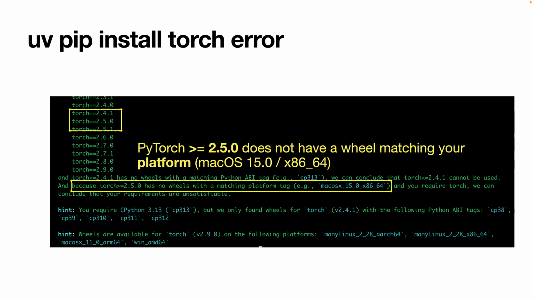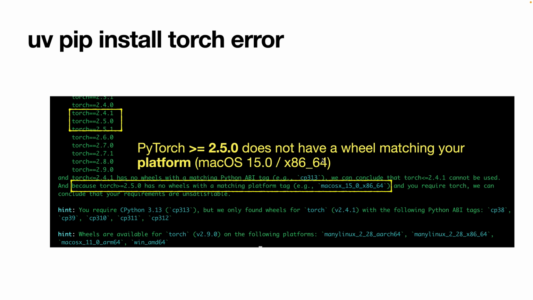However, for a newer version of torch, 2.5.0, it does support Python 3.13. But the MacBook that I'm using is on an Intel chip. It's not an M1. This is listing my current platform as macOS 15 with an x86 64-bit architecture, which means this is an Intel chip.